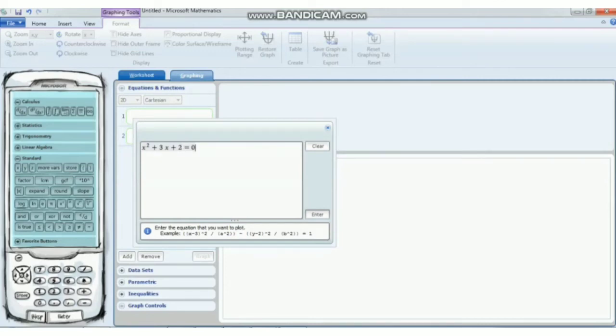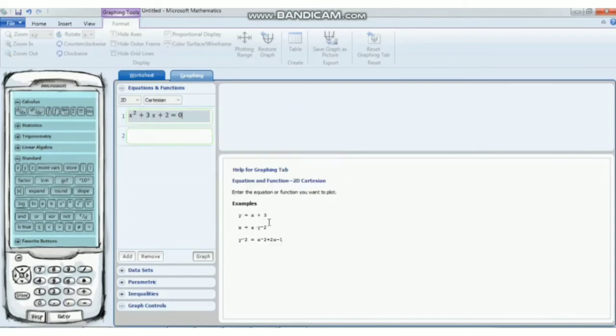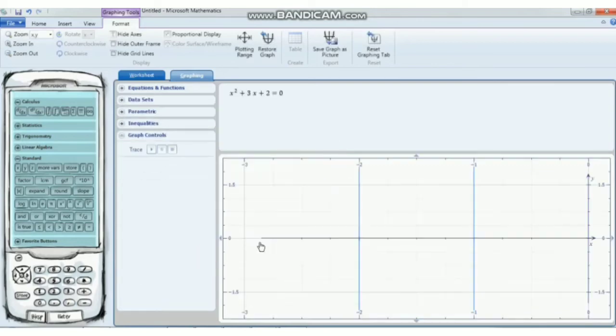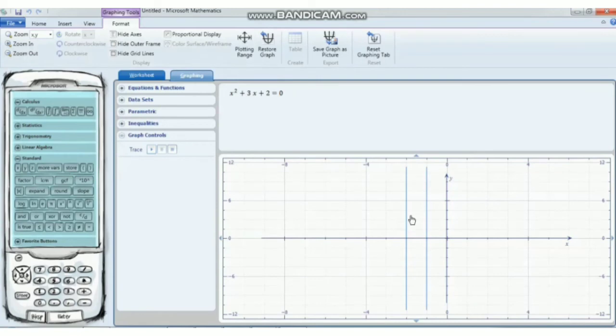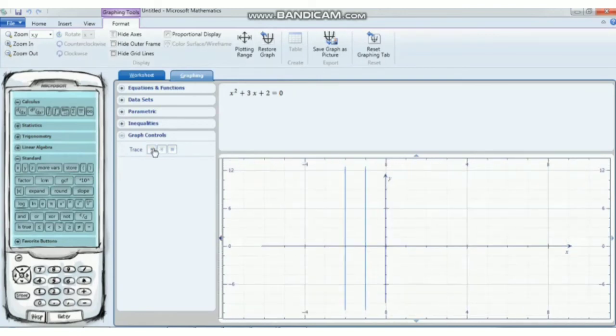Then we can graph. So it will display like this. Let's zoom out. And we can trace to get each value of x and y in the quadratic equation. So it will display like this.